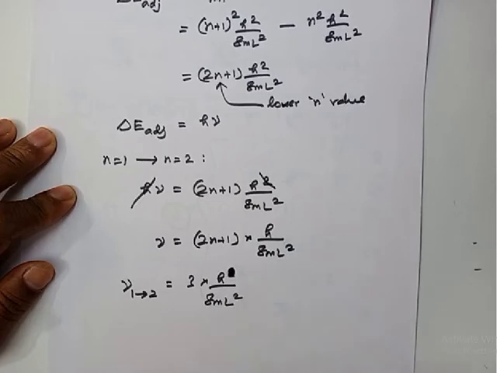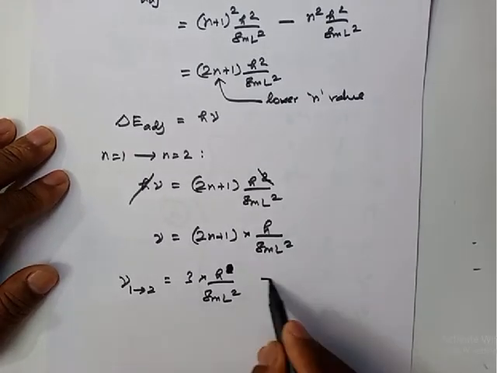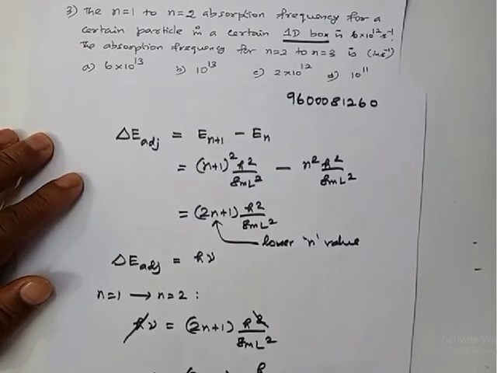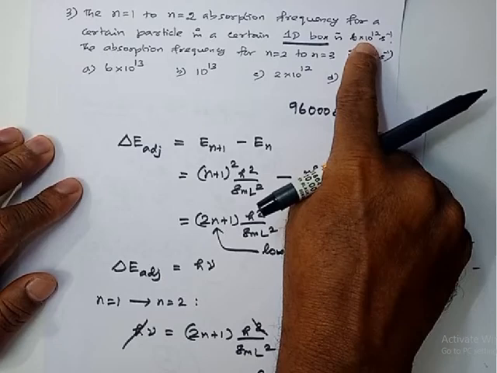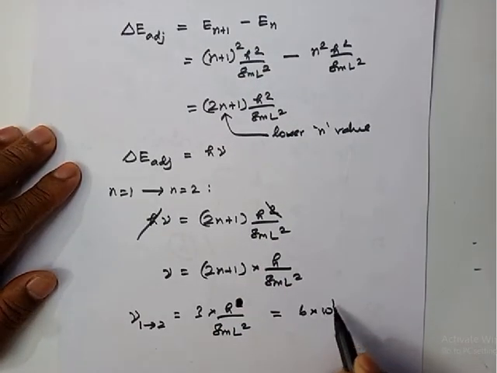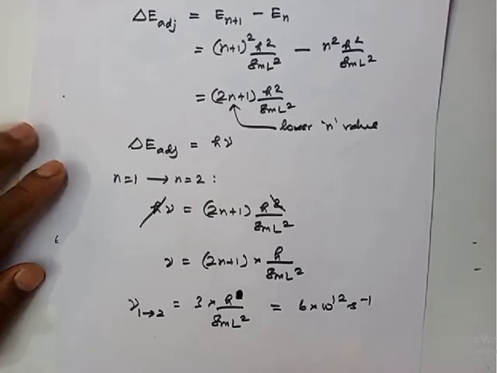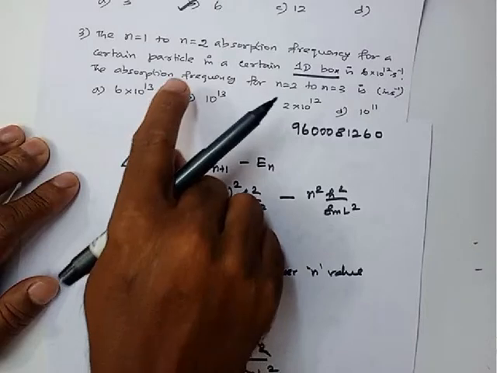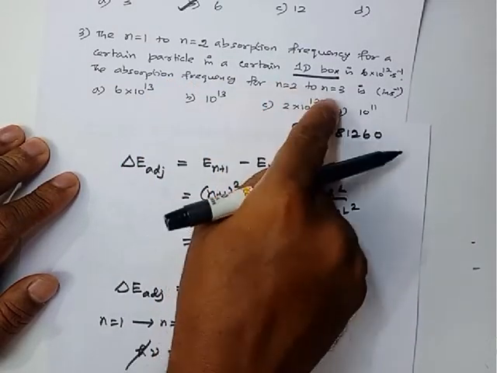This frequency is given, which is 6 into 10 to the power 12 second inverse. Frequency for the 1 to 2 transition is given, and they are asking the absorption frequency for n equal to 2 to 3.